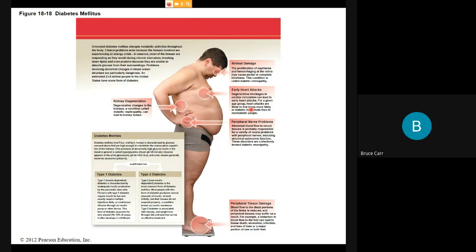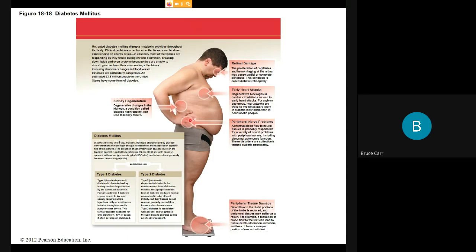If you have diabetes, your prospect of having a heart attack goes up. Kidney degeneration, because you're changing the osmotic balance in the glucose and because your cells are being deprived, leads to kidney degeneration. Diabetic nephropathy, and that can lead to kidney failure, a dangerous condition for diabetics.